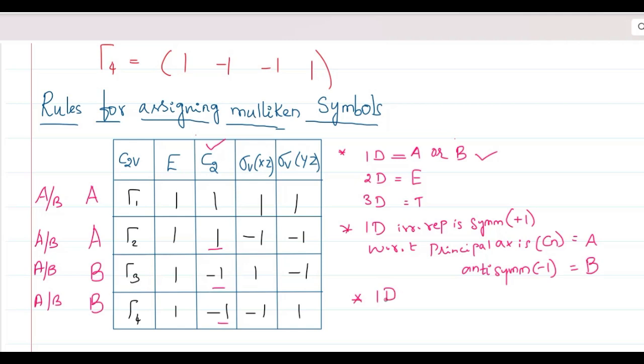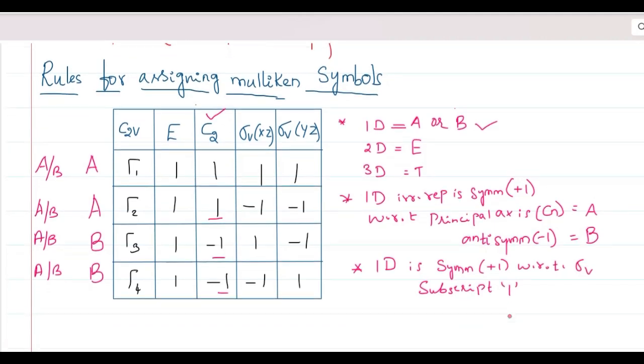If the one-dimensional irreducible representation is symmetric, plus 1, with respect to sigma v, that is the vertical plane of symmetry or subsidiary axis, then we get the subscript 1.